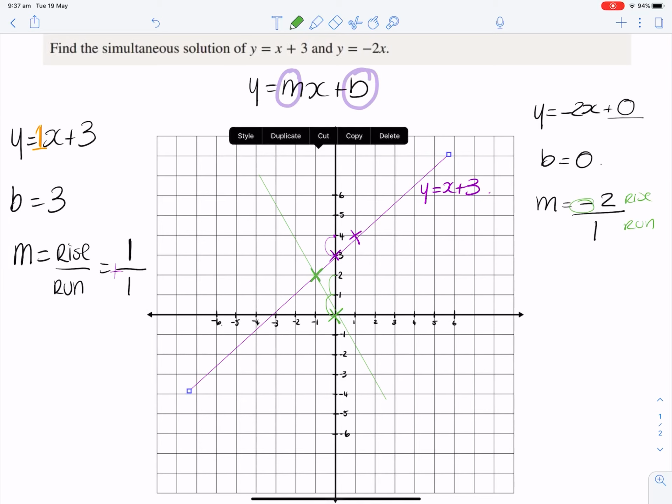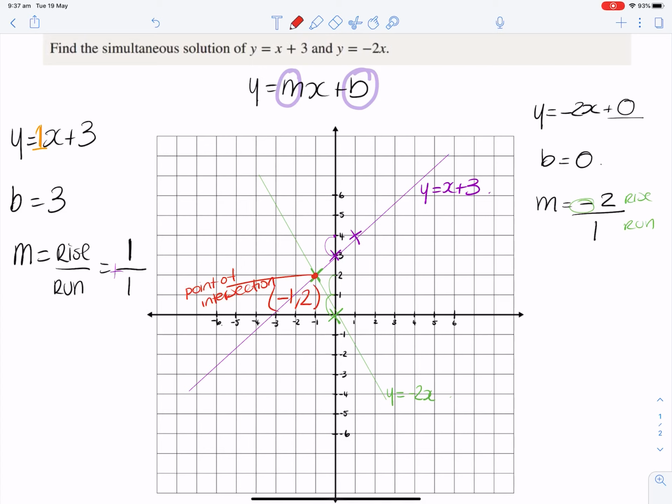Now I've graphed both of them, so what I have to do is identify that point of intersection. In this case, the point of intersection is here, and that is at -1 and 2.